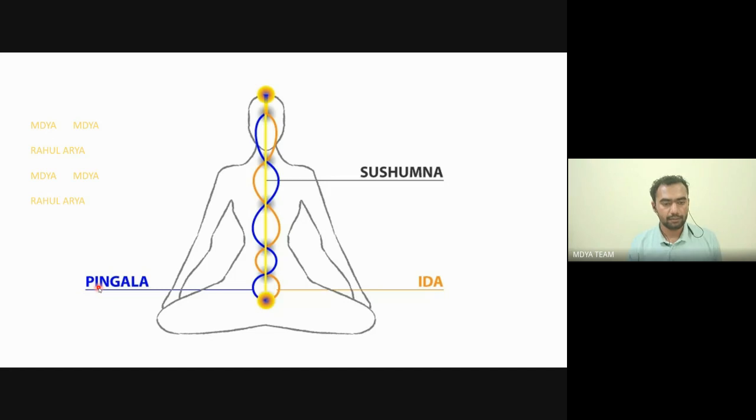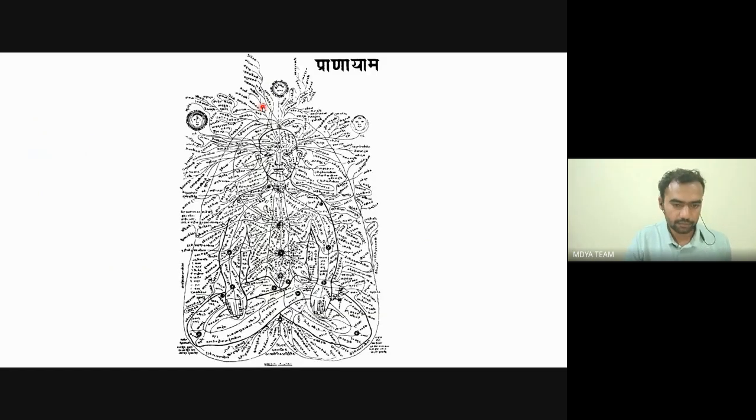Pingla improves the hotness in our body. Sushumana is the main nadi out of 72,000 nadi. Sushumana is the main nadi and it is the center, and Kundalini uses this path to reach the Sahasrara chakra. So it's the structure of the nadis.